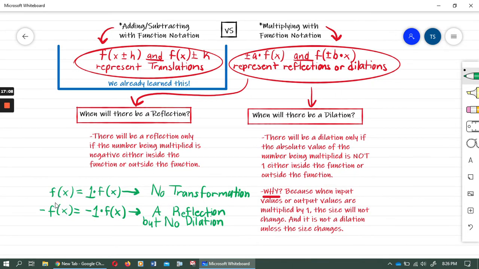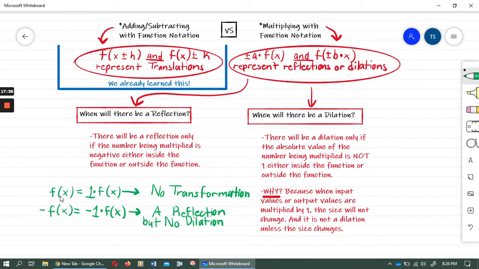Okay, so here, written in green, I just wanted to show you guys really briefly what happens if you do multiply a function times the number 1. For both of these, I've just multiplied the outside of the function times 1.